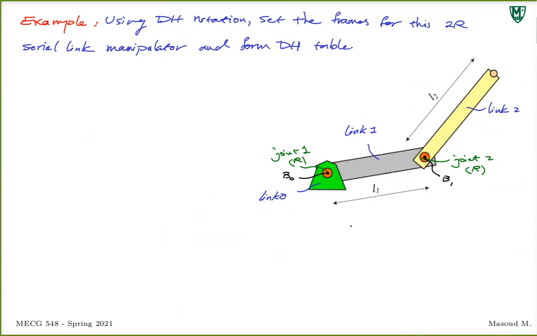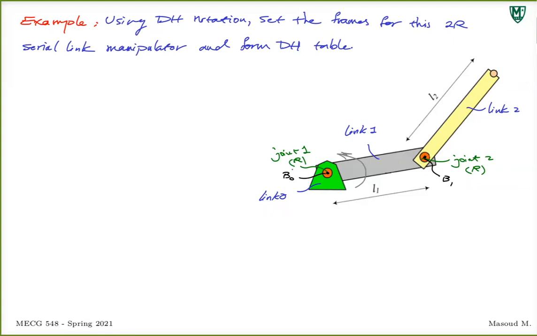Now we have to decide about the axes. Zi is aligned with the joint's axis. Joint 1 is a revolute joint. If it rotates this way, we said right hand rule: four fingers in the direction of rotation, your thumb shows the axis of the joint.